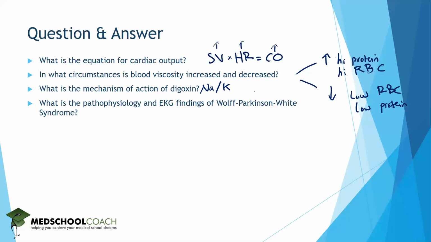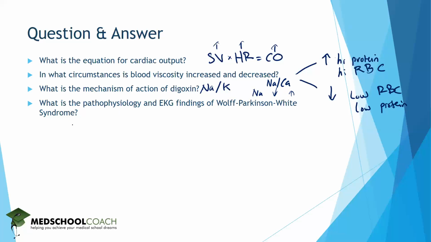And by doing that, you keep the sodium levels in the cell very high. There's a sodium calcium exchanger. The goal is to get the calcium out and the sodium in. But because the sodium is so high in the cell, this doesn't work very well. So the calcium in the heart cell stays very high, and the contractility ends up increasing. That's the main mechanism of digoxin.